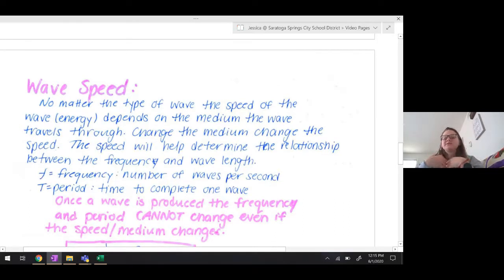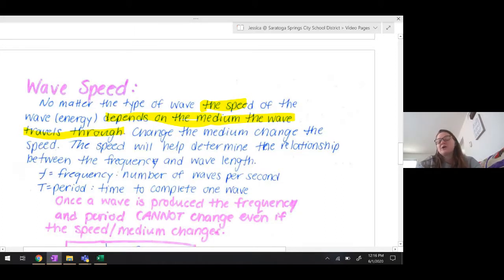So no matter the type of wave, the speed of the energy is going to depend on the medium the wave travels through. So again, the speed depends on the medium the wave travels through.